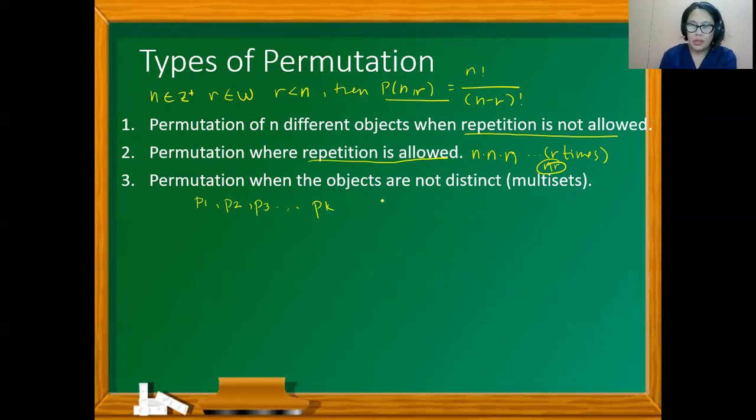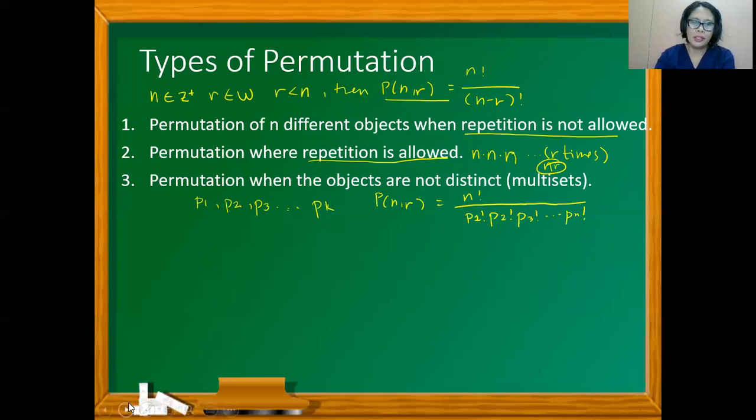Thus, the permutation is equal to n factorial over p sub 1 factorial times p sub 2 factorial times p sub 3 factorial up to p sub k factorial.